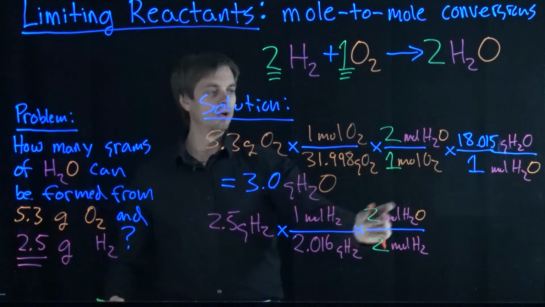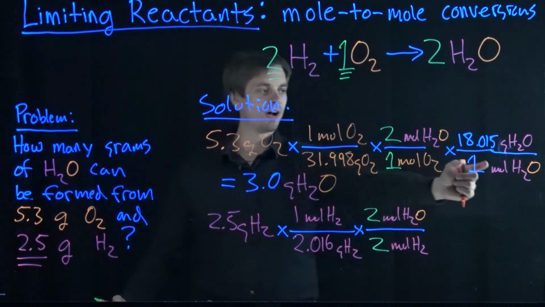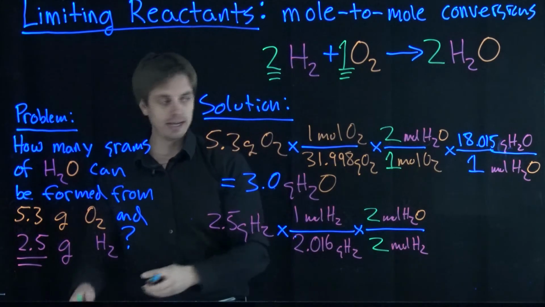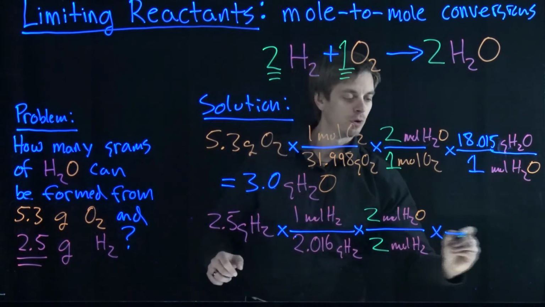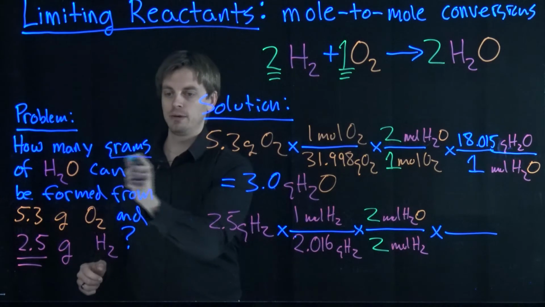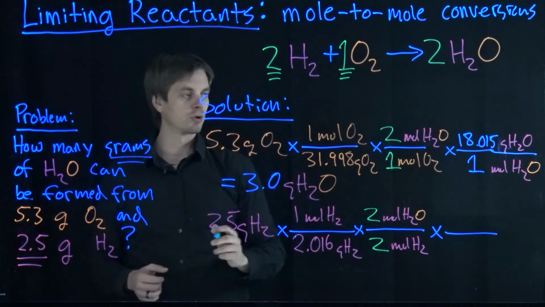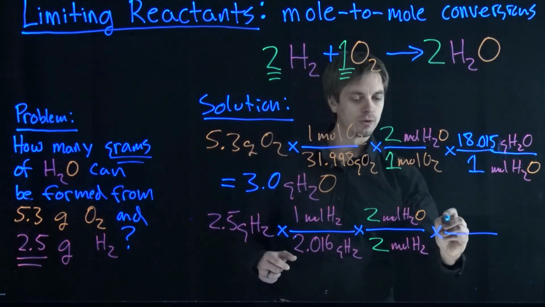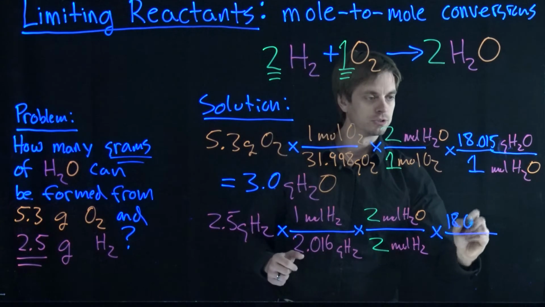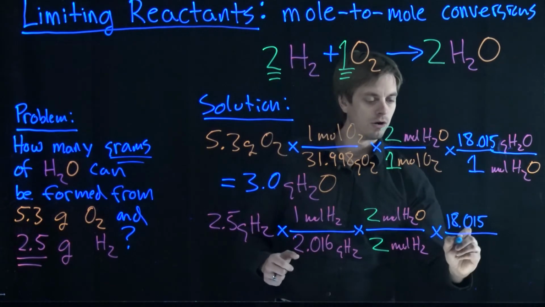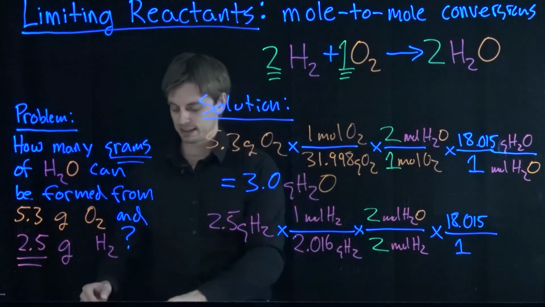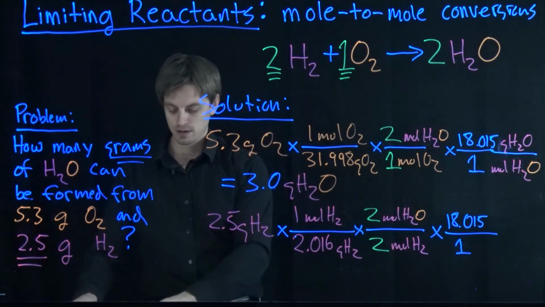So now we are essentially at the same stage here. Our final step is going to be doing a conversion into our desired units, because at the end of the day, we want to know how many grams of product we're going to be forming. And we are going to then just multiply by our molar mass of water in this case. Okay.